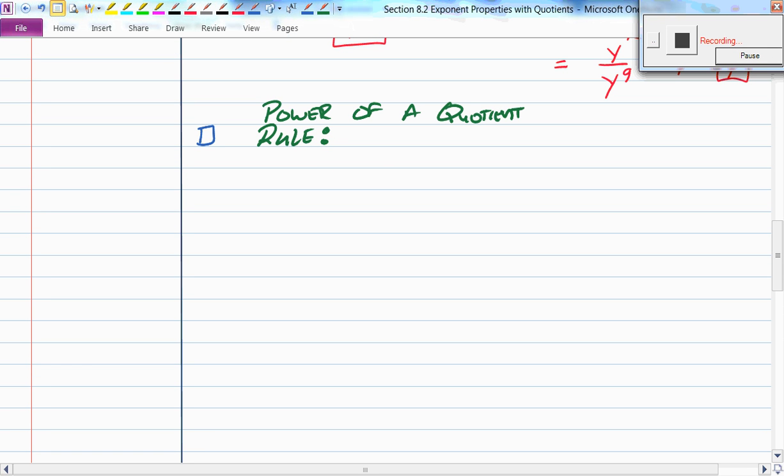I did this one yesterday. I'm going to reinforce it here. The power of a quotient rule. So the power of a quotient rule says if you have a quotient, so let's say you have a divided by b, okay? Now are those the same base? No, they're not. They're different bases. So a over b, and if I raise this to a power of, let's say, m, what do I have to do to each base?